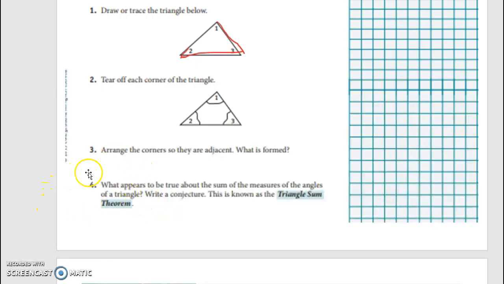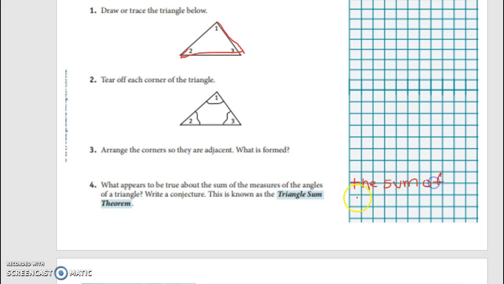If we go back to our book, part 4 asks, what appears to be true about the sum of the measures of the angles of the triangle? We now know that the angles of the triangle add up to 180 degrees.